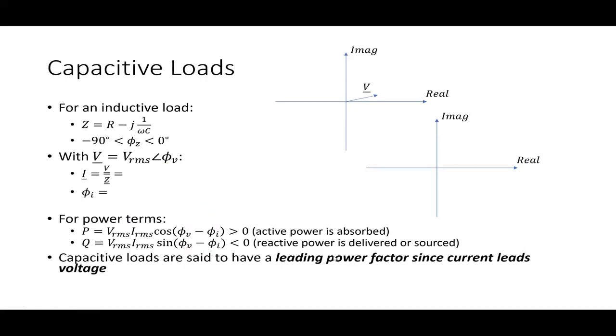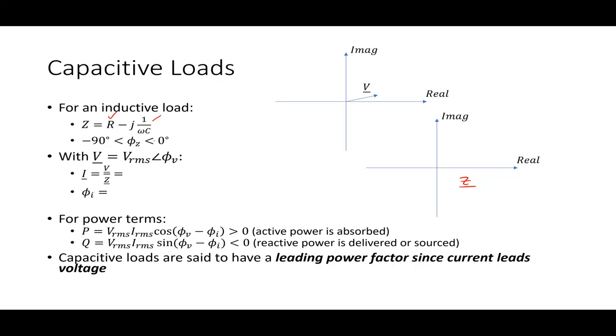If I have a capacitive load, we said we have a positive real part and a negative imaginary part. So that is somewhere down here in the fourth quadrant, and our impedance angle is between negative 90 and 0.